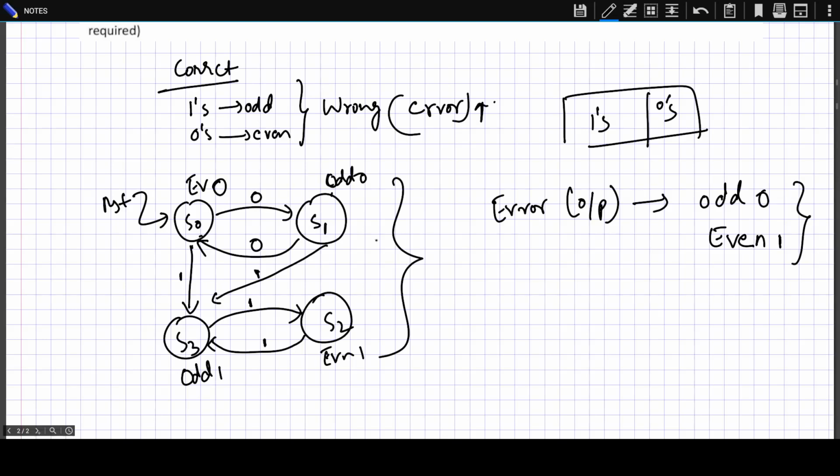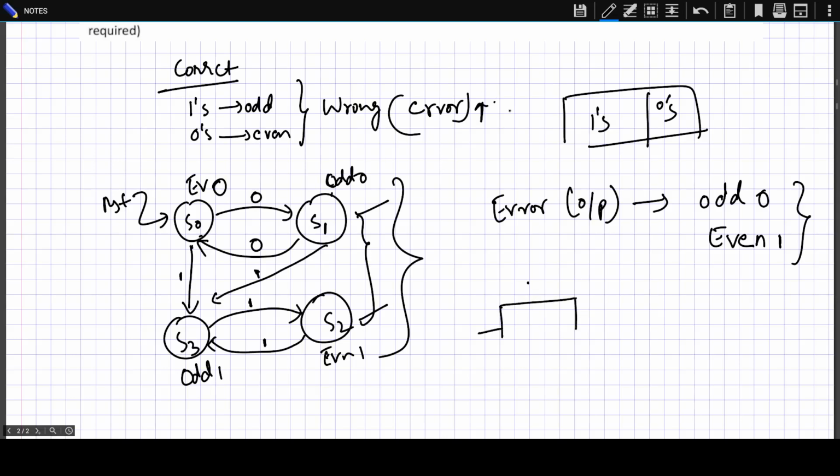If the FSM ends up in either of these states, then the error signal should be asserted high. This would come only when the data transmission is completed.